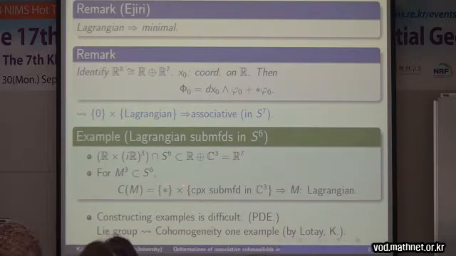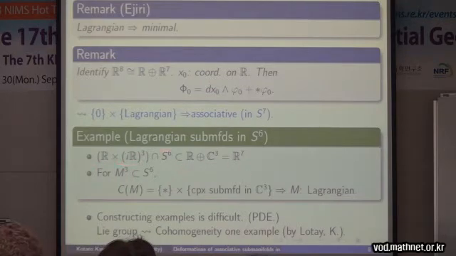As in the former section, we give examples of submanifolds in S6. Denote iR to be the imaginary part of C3 and consider the intersection of R times iR cubed and S6.